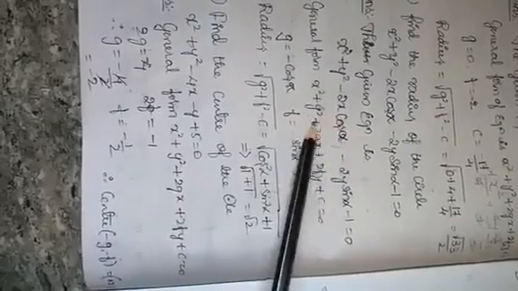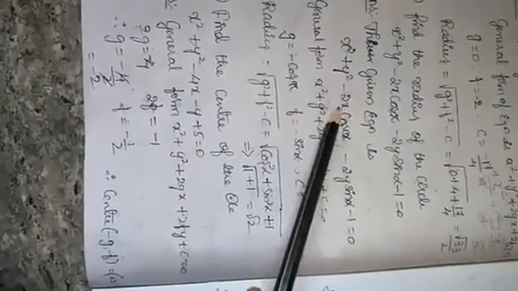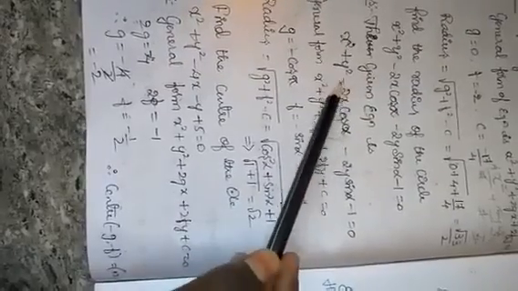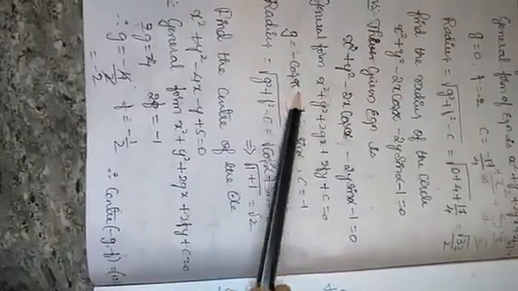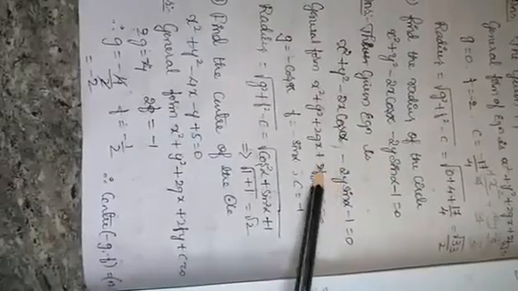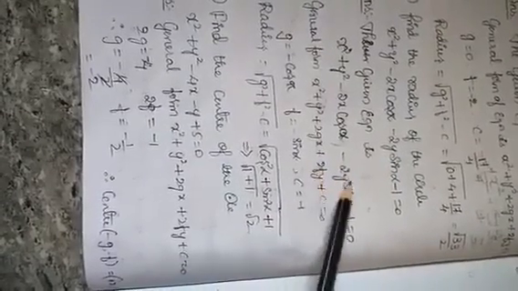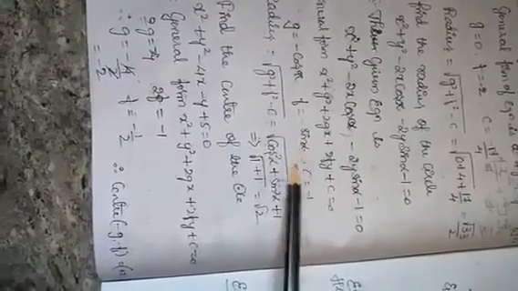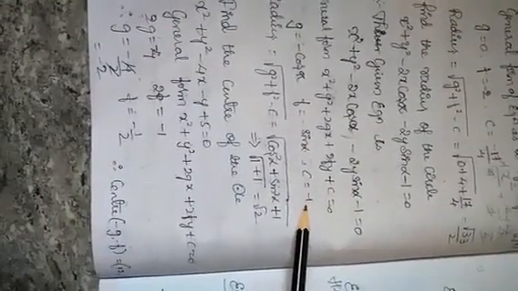Compare these equations. So g is minus cos alpha, f is minus sin alpha, and the constant term is minus 1.